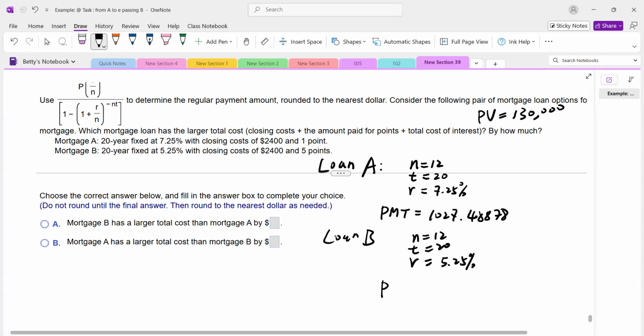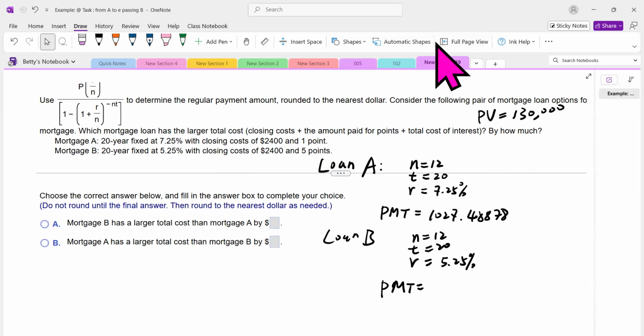So we can find the payment for plan B using this information. All we need to adjust is the value of R. Everything else is the same. 20 years, same loan amount. We only need to change the annual interest rate to 5.25%.